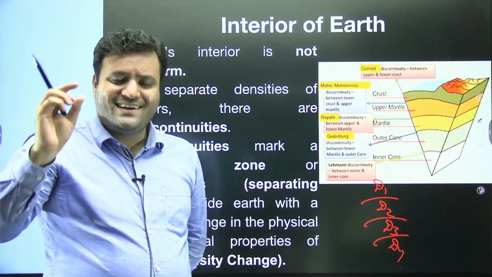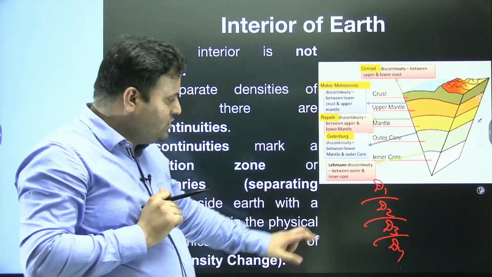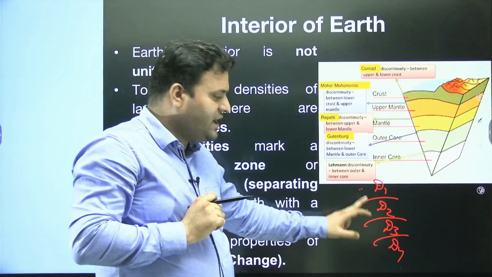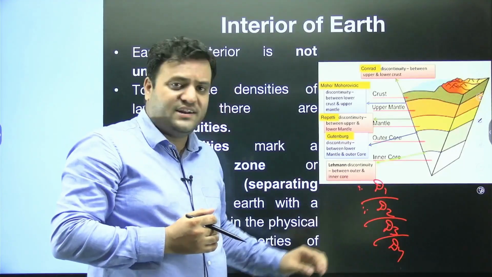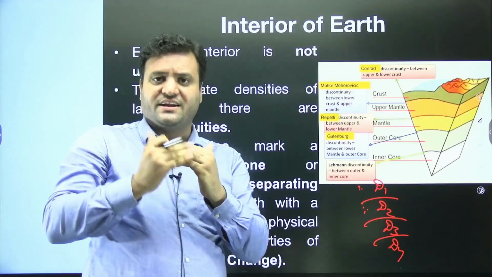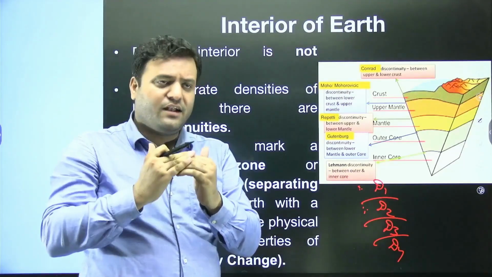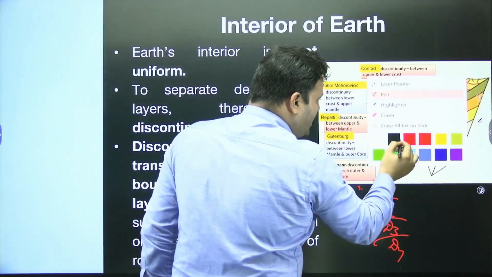It means the density is different. So here we also have the same thing: though the rocks are there, these rocks have different densities, and the junction, or the point from which the density is changing, that particular junction would be known as discontinuity.